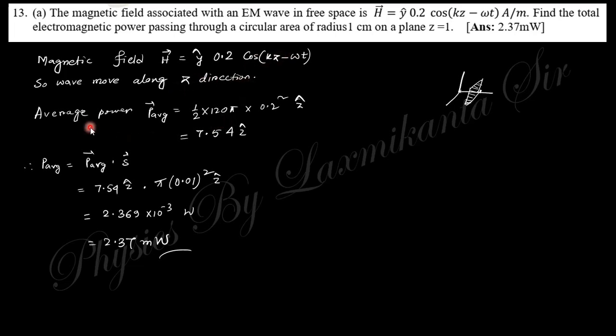So the power will be half mu naught. This expression is obtained later, so you just remember this formula: half into 120 pi into H naught square. The average power equals this multiplied by the surface area, which is pi r square. So you will obtain this answer.